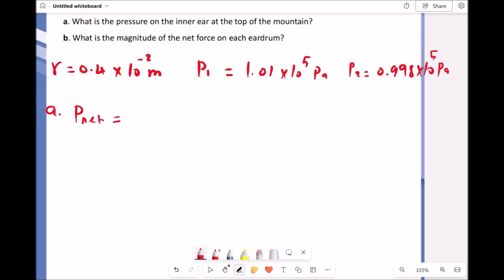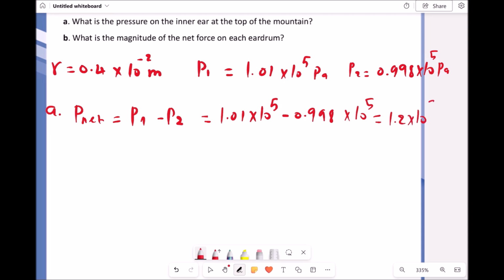Pressure net is equal to P1 subtracted by P2. Then you have 1.01 times 10 to the power of 5 minus 0.998 times 10 to the power of 5. Then you have 1.2 times 10 to the power of 3 Pascal. This is the net pressure on the inner ear.